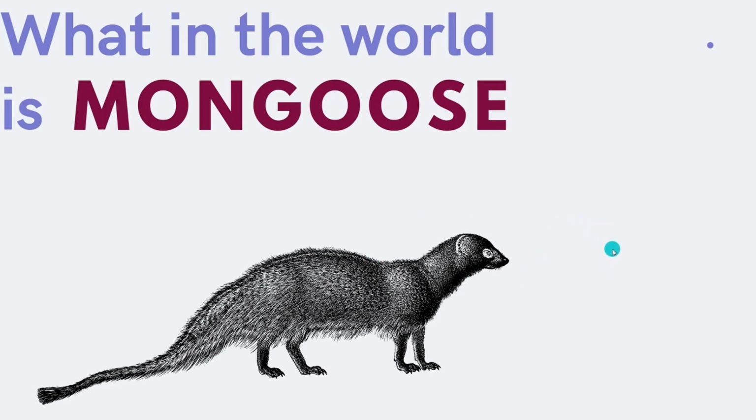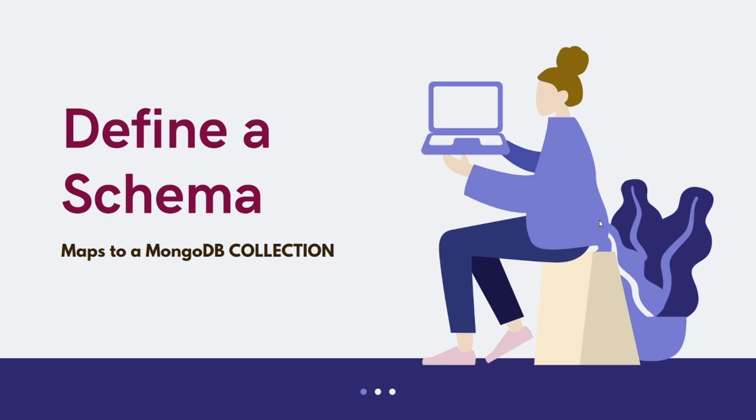Now, the first thing we need to know is to define a schema to map a MongoDB collection. MongoDB should know what your schema, your structure, is, and you need to define also a model to recognize it from the database.